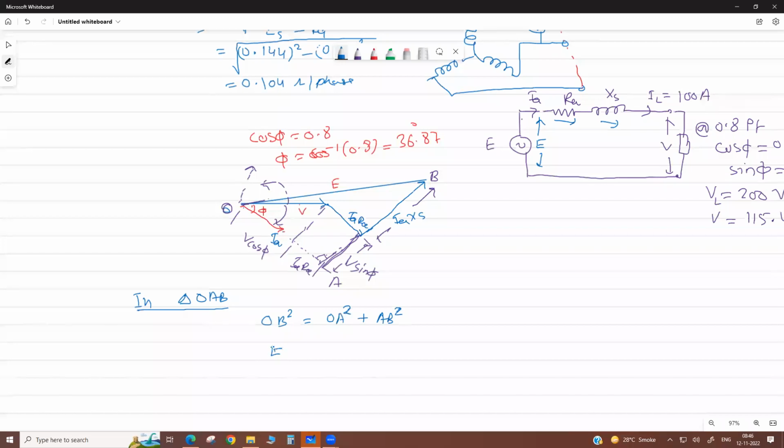It means E square equals (V cos phi plus IaRa) whole square plus (V sin phi plus IaXs) whole square. Now E equals, if this square is removed, then there is a root of this.